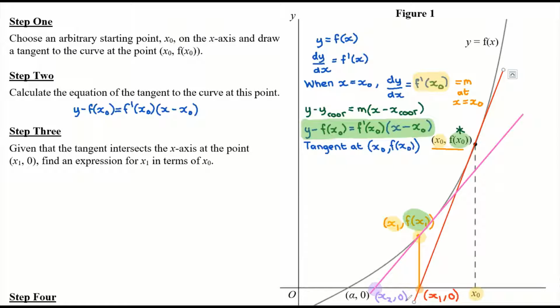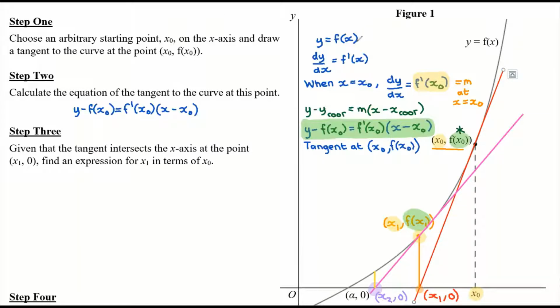And if you make x2 your input, which you could do, we could just draw a vertical line from x2 up to the curve, draw another tangent, and then repeat the process ad infinitum. You're going to get closer and closer to that value of alpha. Okay, so let's see what this actually does and see if we can create and derive an iterative process.